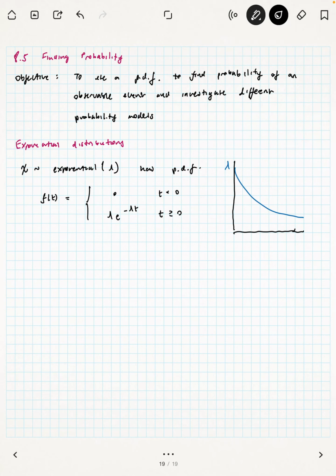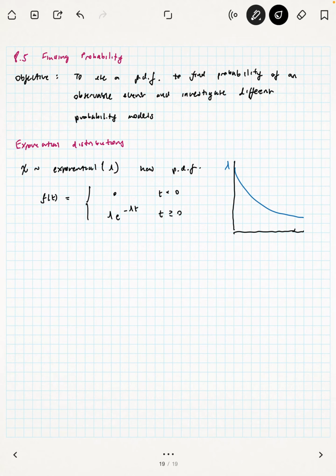And it slowly decays down to 0. Notice that the limit as t goes to infinity is 0, which represents the fact that the longer you wait, the less likely it is that this event occurs. So it's more likely that it'll happen sooner rather than later.